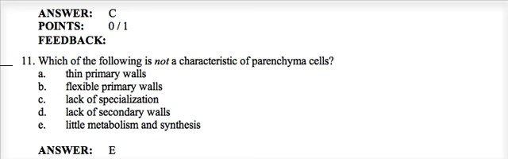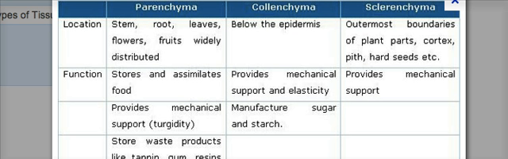So let's take a look at the different cells for a second in an image. Alright, so here's a little chart. I would recommend pausing and writing down some of these details to help you remember the differences, especially to know the parts of the plant that we're typically talking about.